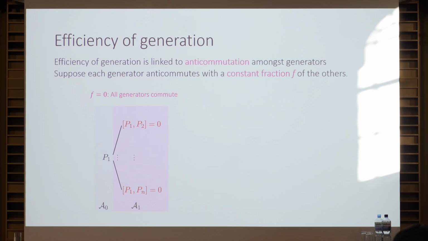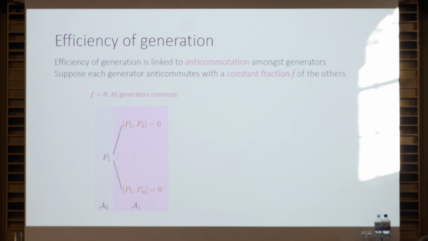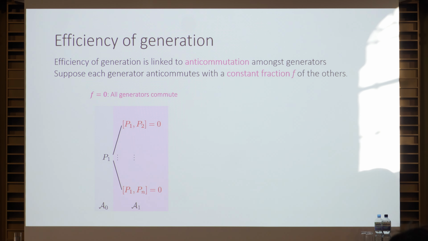For example, if they all commute with all others, then this is a very boring graph, a very boring generation, because you cannot generate anything beyond the generating set.